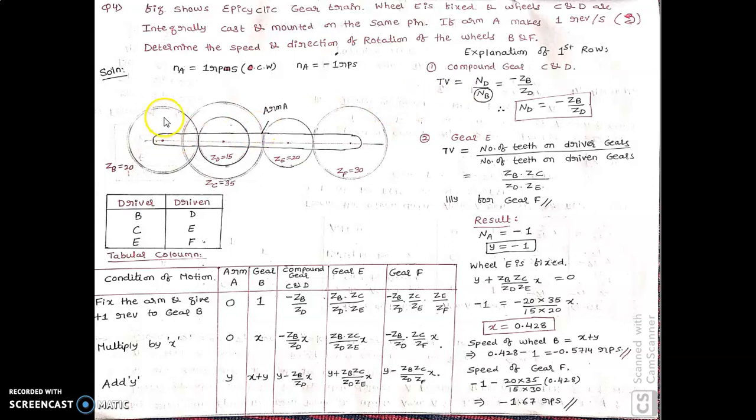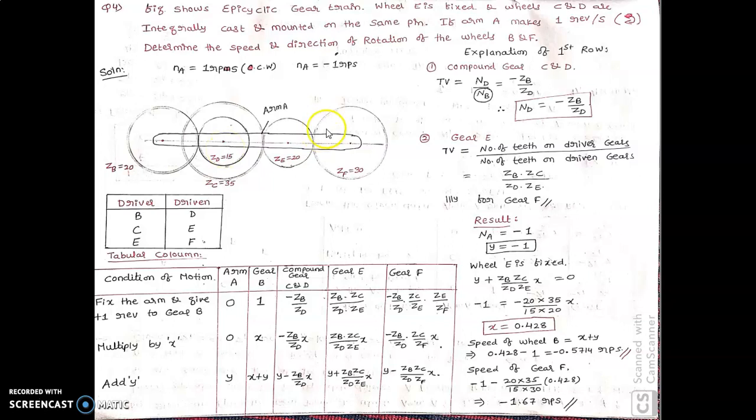Gear B and gear D have a direct contact, meaning they are meshed externally. If I give +1 revolution, plus means anti-clockwise rotation, anti-clockwise rotation of gear B makes clockwise rotation of gear D.